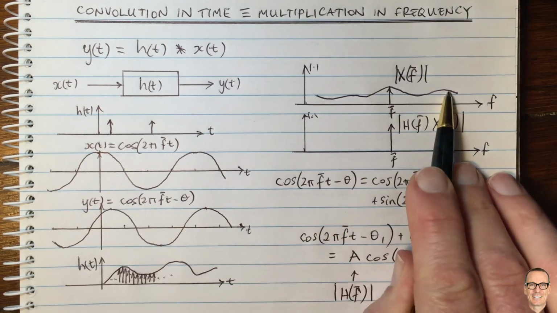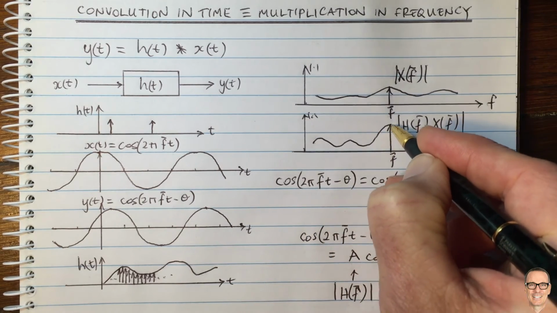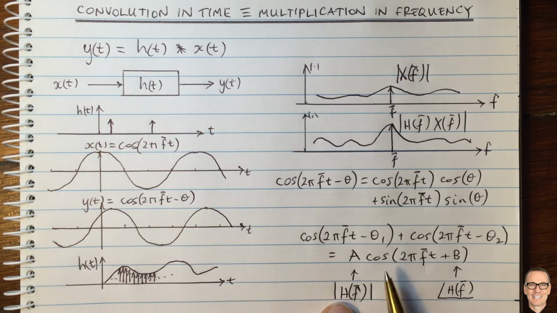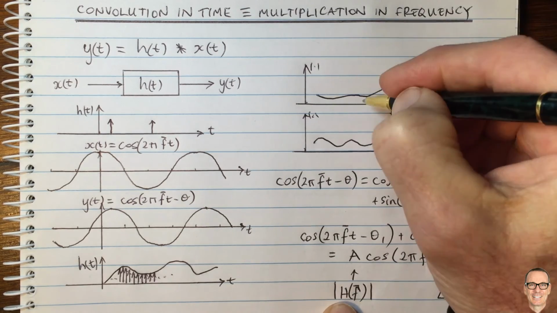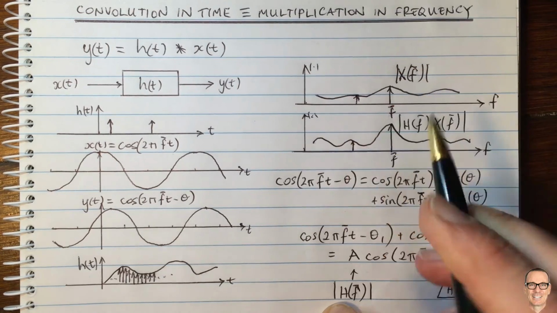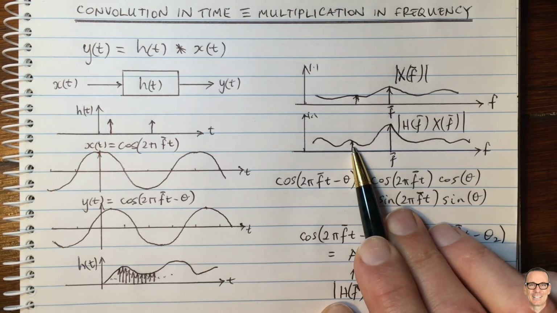So for any input, at all the different frequencies, they will simply scale at each frequency. If a signal goes in at this frequency, it will come out scaled at the same frequency with the scaling given by the channel at that frequency.